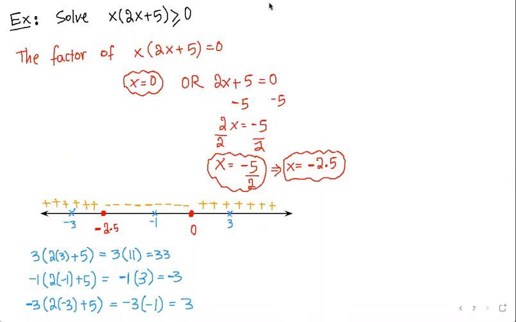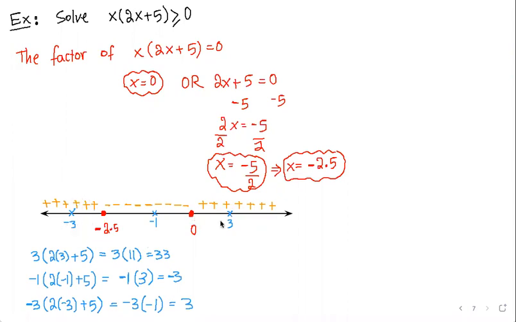Now we go back to the question. The question is to find when this expression is greater than or equal to 0, like when it is positive or 0. So it will be positive here in this interval, and also here, and 0.